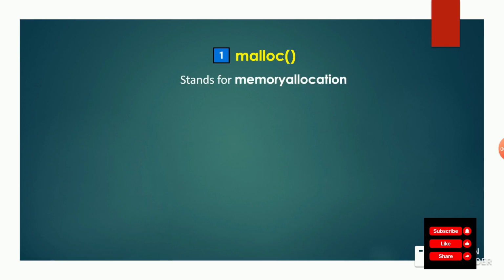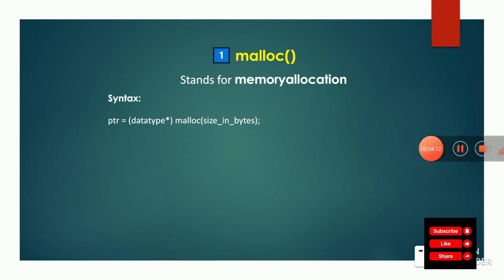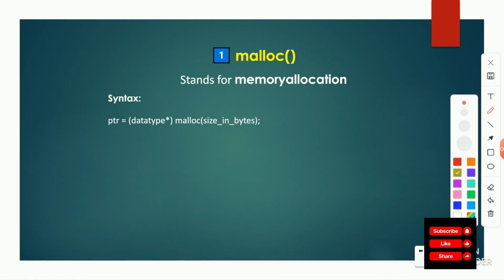First is malloc. Malloc stands for memory allocation, right? M for memory and alloc for allocation. Its syntax is: ptr, that is a variable, equals, in brackets, data type asterisk, malloc, and size in bytes.